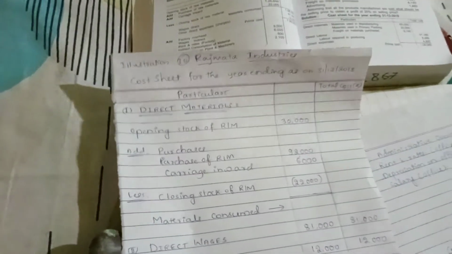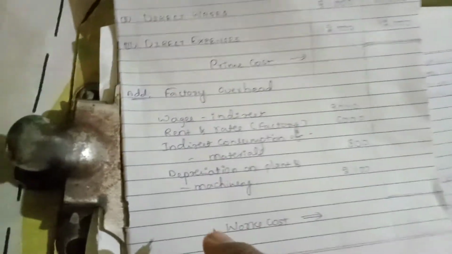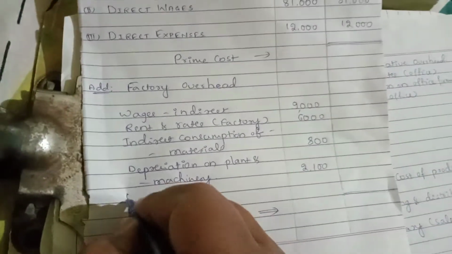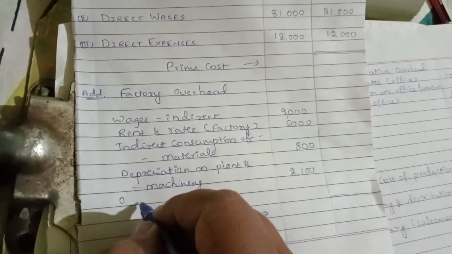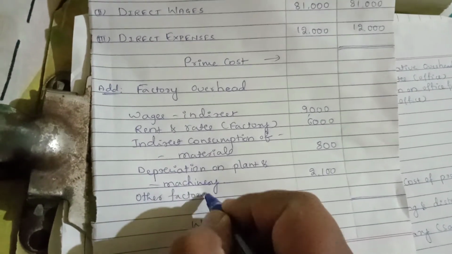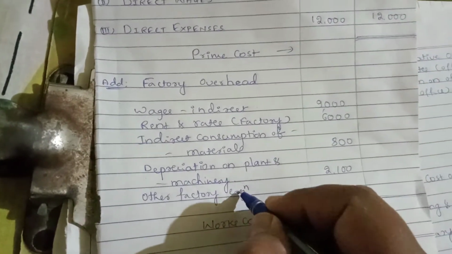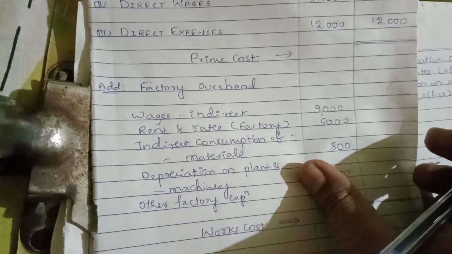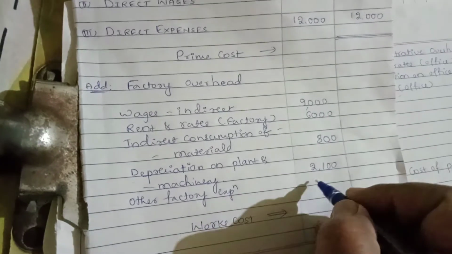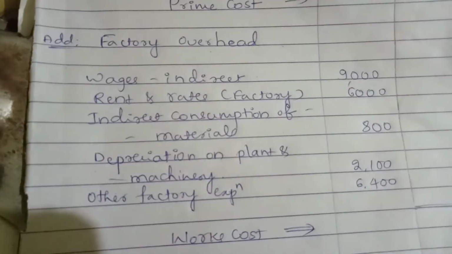So here, other factory expenses amounted to rupees 6,400.